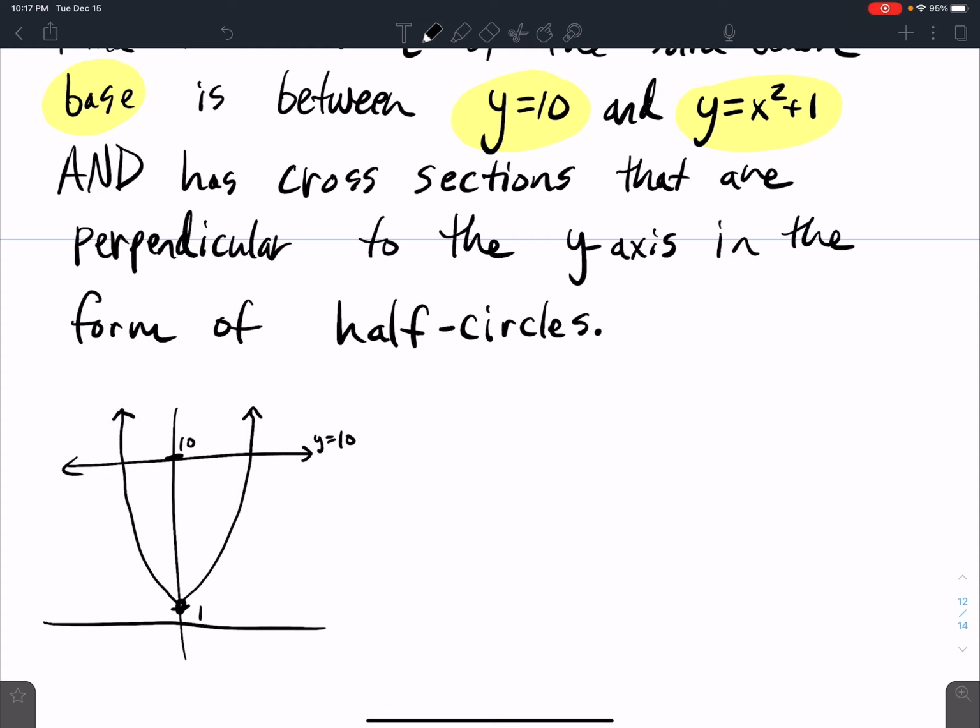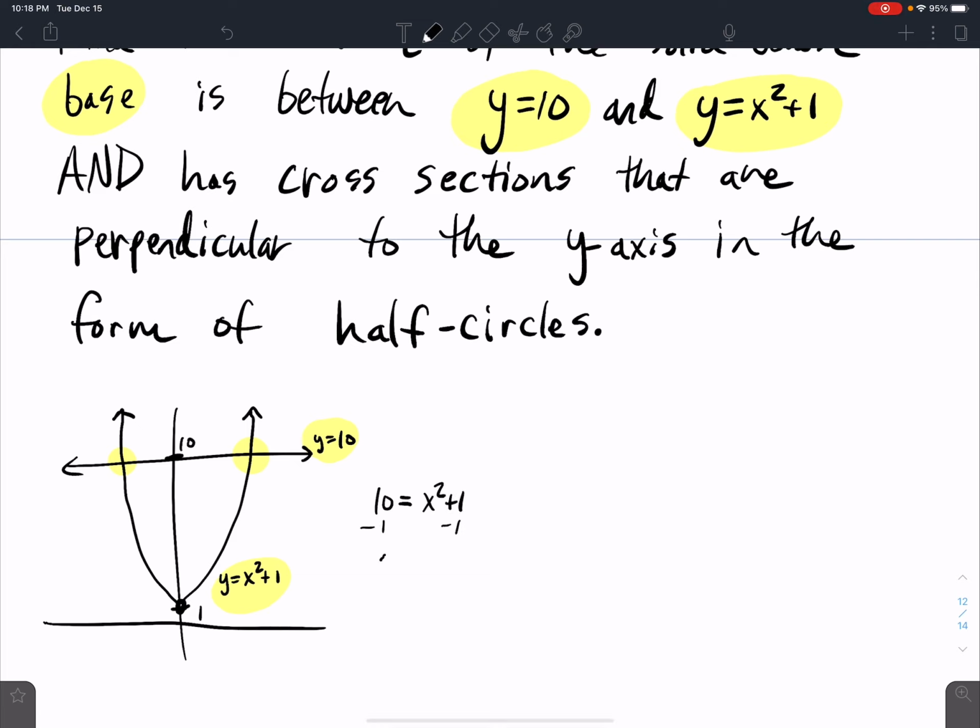Now it's going to cross somewhere. I don't know where it crosses, but that's not too hard to figure out, because how do you know when two equations are equal? You set them equal to each other. So y equals 10 and y equals x squared plus 1: 10 equals x squared plus 1.